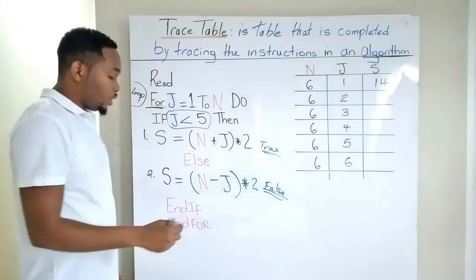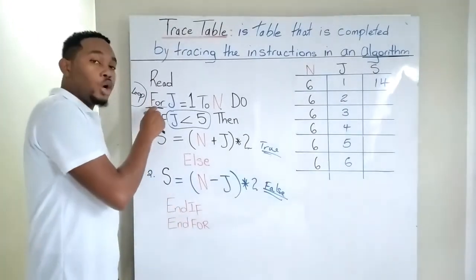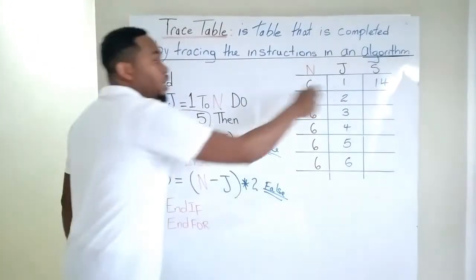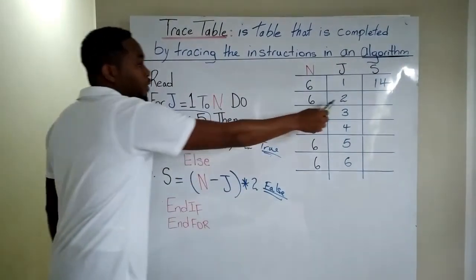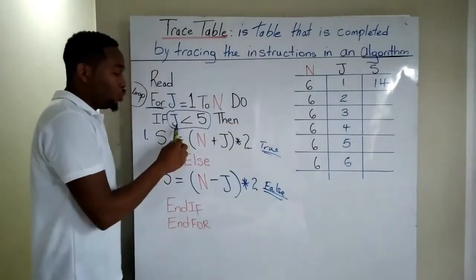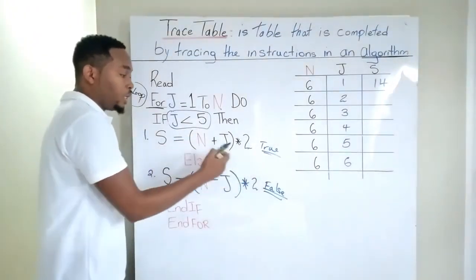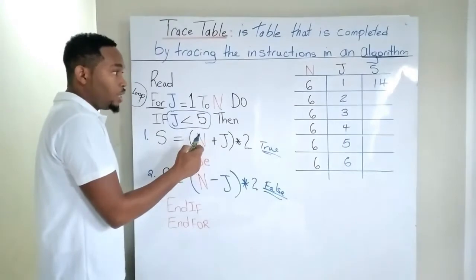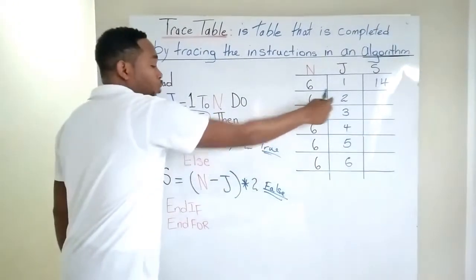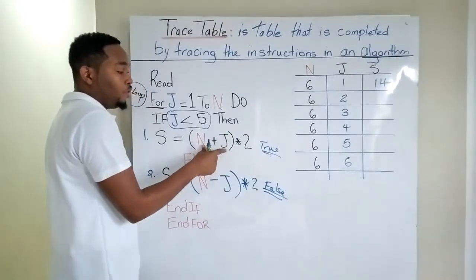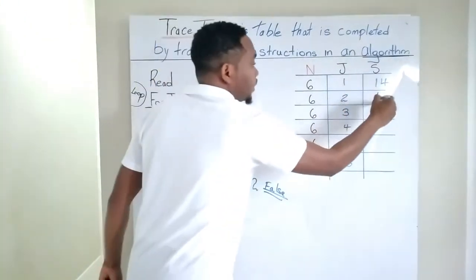When you have completed the process, remember that we are going based on our loop, so we need to execute it another time. The j value will now be 2, and 2 is less than 5. Yes, so we do the calculation again. N is 6 and j is 2, so 6 plus 2 gives us 8. 8 times 2 gives us 16.